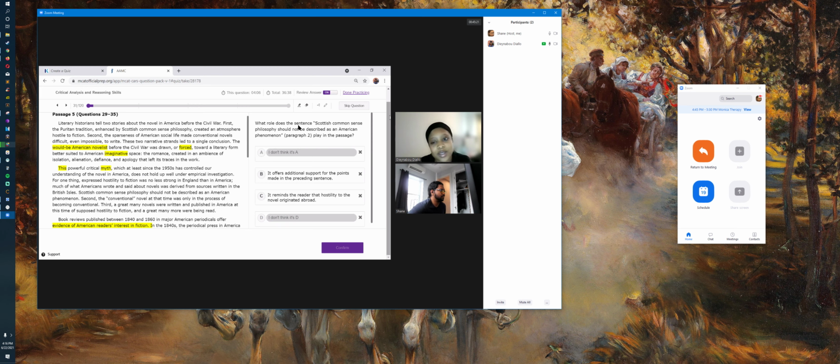I would still be kind of stuck between those, because I could say that he wrote it to remind the reader about the hostility that it originated abroad, because he said in the first paragraph that it created an atmosphere hostile to fiction. So they say that hostility to fiction was no less strong in England than in America.